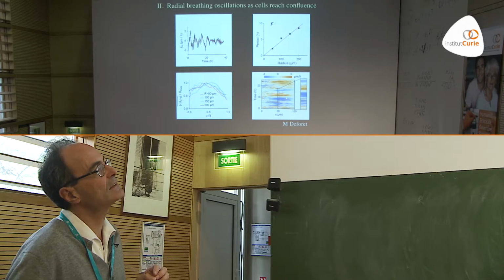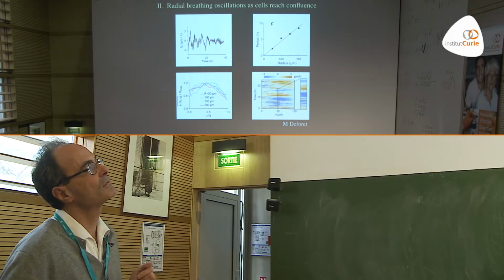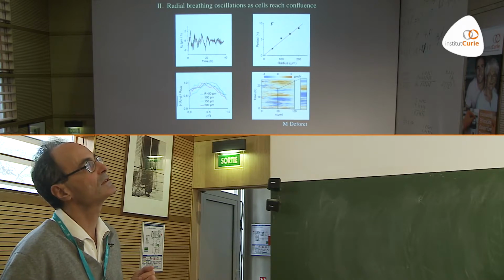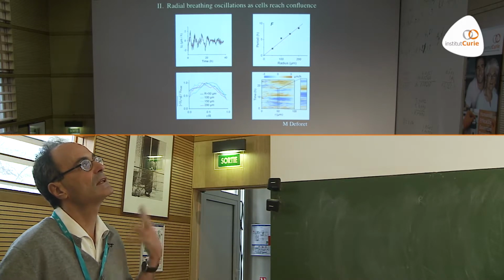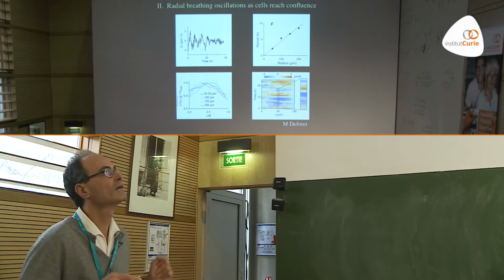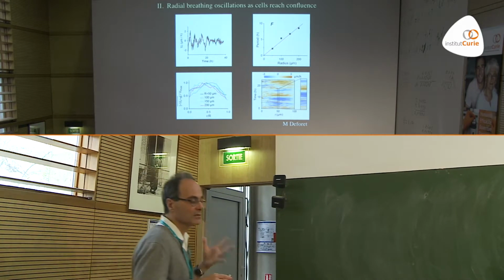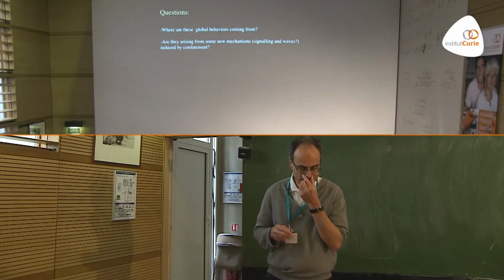You see that it oscillates with a certain typical frequency, and if you plot this frequency as a function of the radius, it grows with the radius. So the period grows with the radius. The oscillations are slower for larger disks. Okay? So that's the phenomenology that is seen in this experiment.